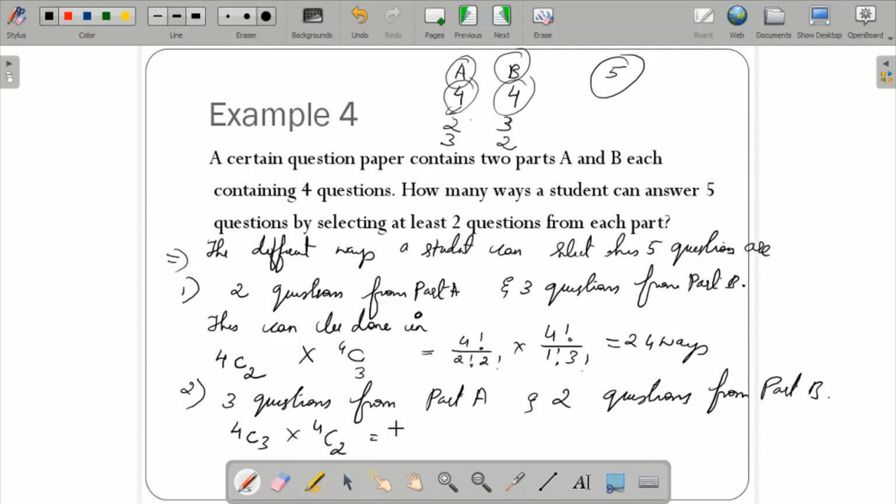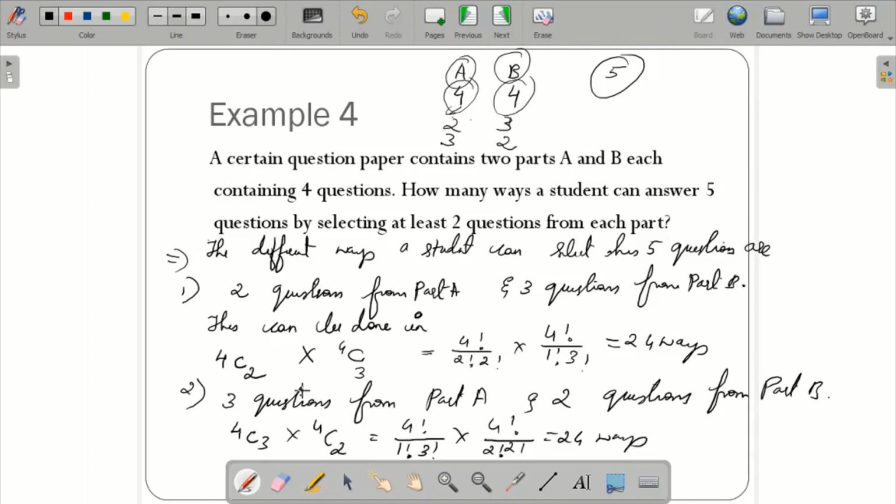So again, same: 4 factorial divided by (4 minus 3) factorial into 3 factorial, and 4 factorial divided by (4 minus 2) factorial, 2 factorial into 2 factorial. So this will also give you 24 ways. So these are the 2 possibilities, like 2 different sets when you write.